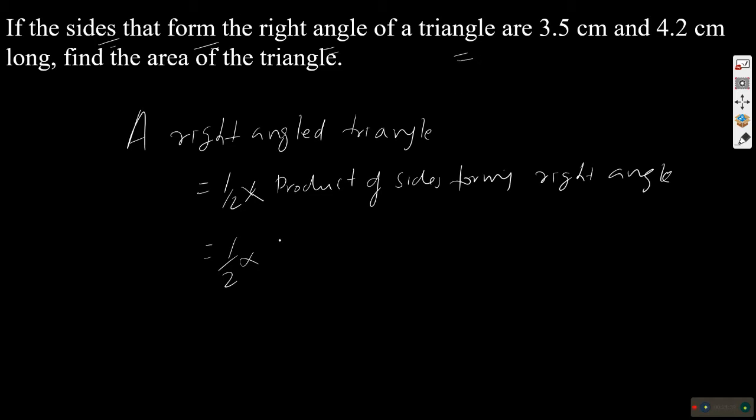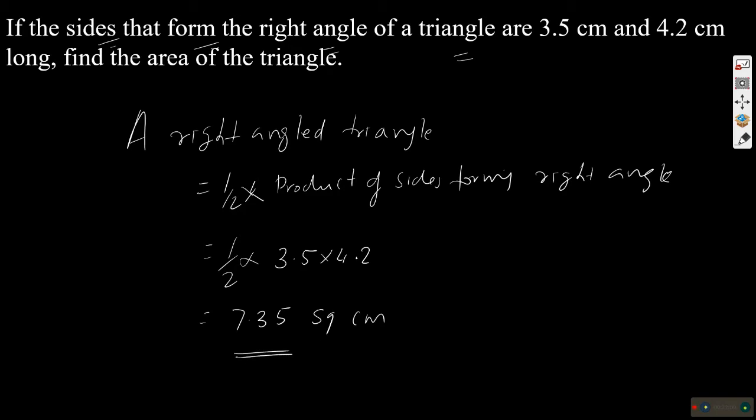To make you familiar with, you simply have to multiply 3.5 centimeter into 4.2 centimeter. You will solve it and get the answer. 7.35 square centimeter you will get on solving the sum.